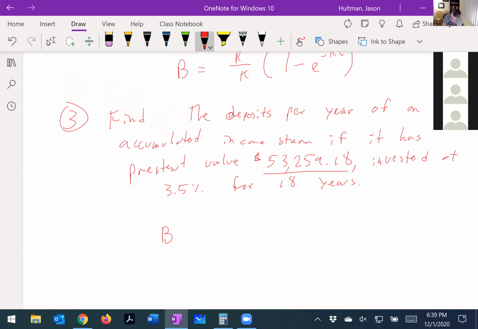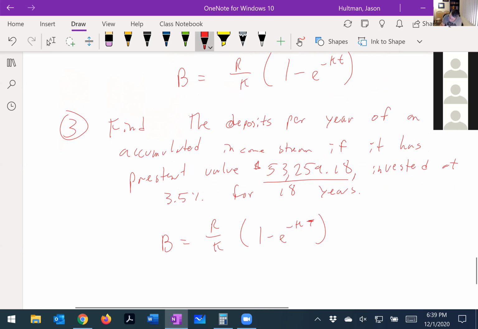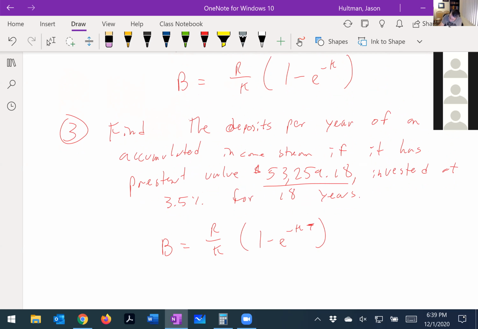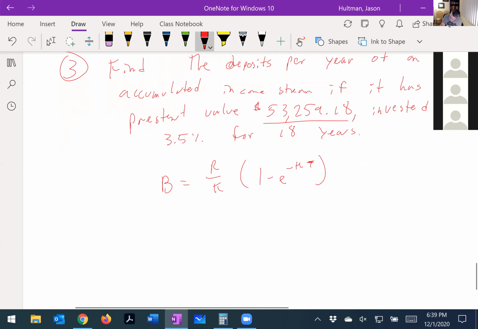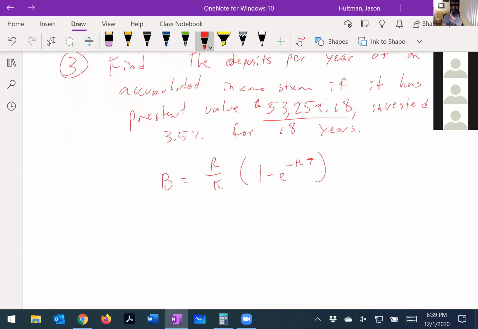So B is equal to R over K times 1 minus e to the negative kT, big T. Capital T is my stopping time. Okay, so what do we know? We know that this present value is 53,259.18.